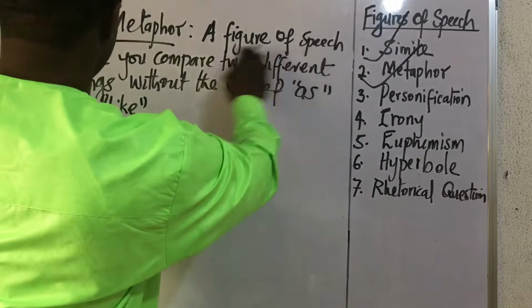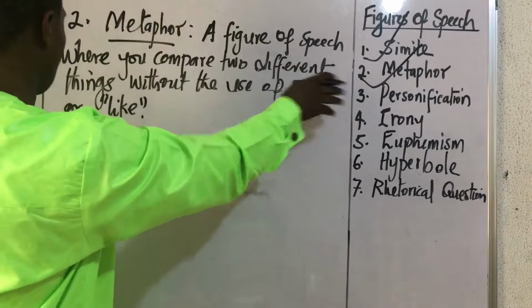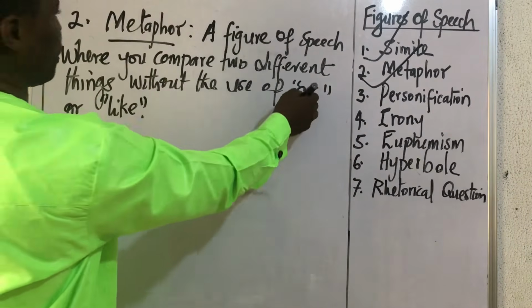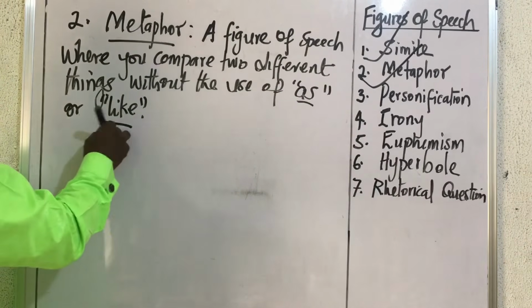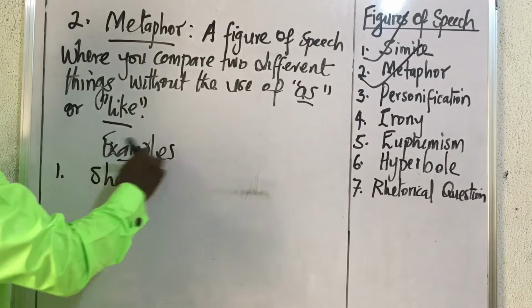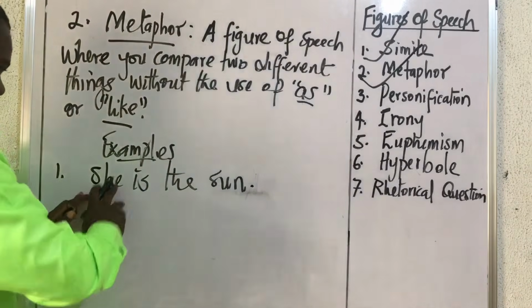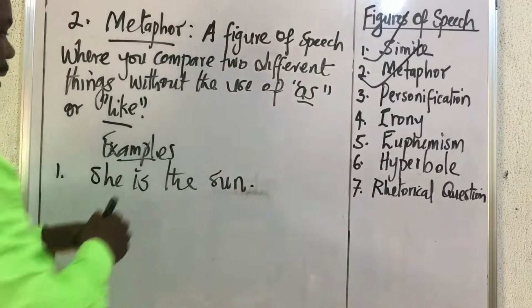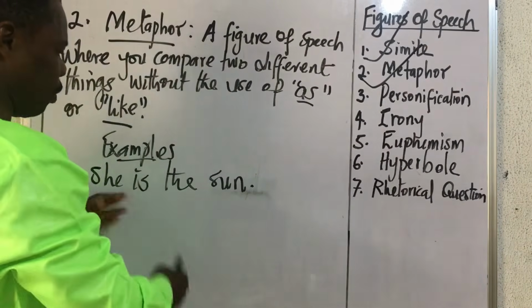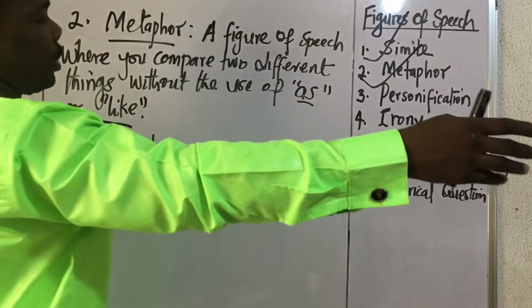A metaphor is a figure of speech where you compare two different things without the use of as or like. Now, let's talk about some examples. She is the sun. We're bringing this one from the example we considered under simile where we said she smiles like the sun. When you remove like, you can just say she is the sun.